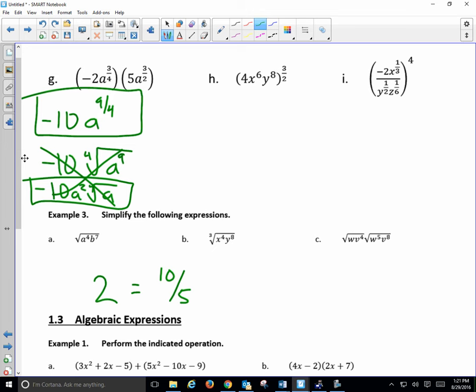People didn't do very well with this one last hour. You tell me, where do I even start? So he's going to do that, right?